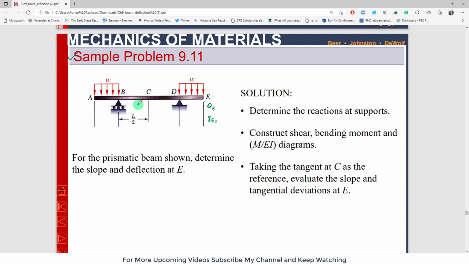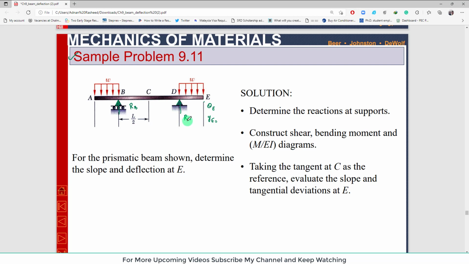Our first step in order to solve this problem is to find the reaction forces at points B and D, and this can be done by using the method of equilibrium. You will have to do it yourself, clear.